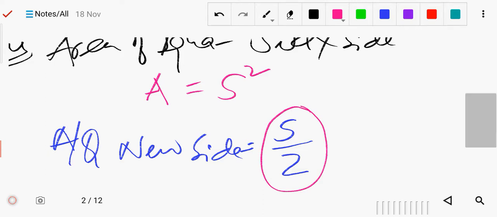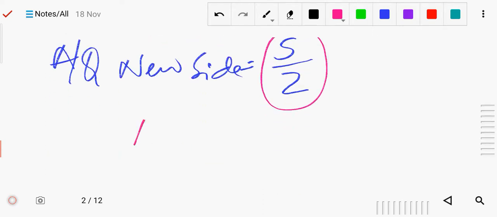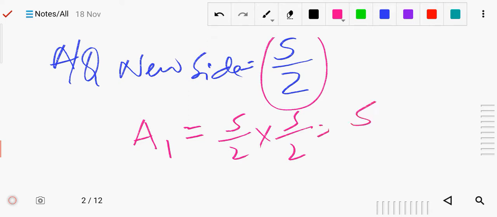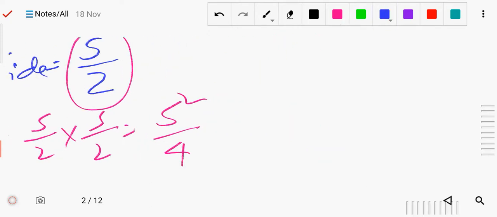Now we will find the new area, so we write A1. Side into side, so S by 2 into S by 2, which is S squared by 4. We can also write this as 1 by 4 into S squared.